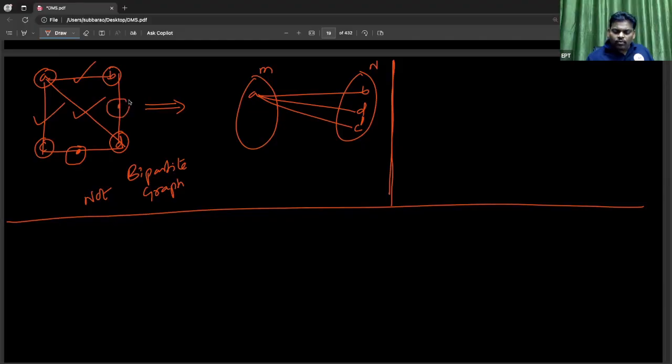These two people I am not able to keep inside. If I try to keep them, edges come within the n. B to D is also one more edge. An edge cannot be within the n. Because of this person, it is not bipartite.